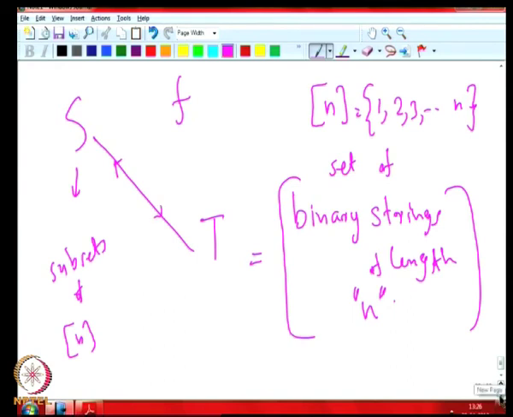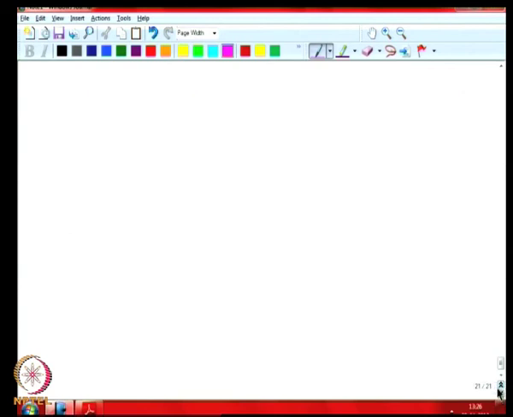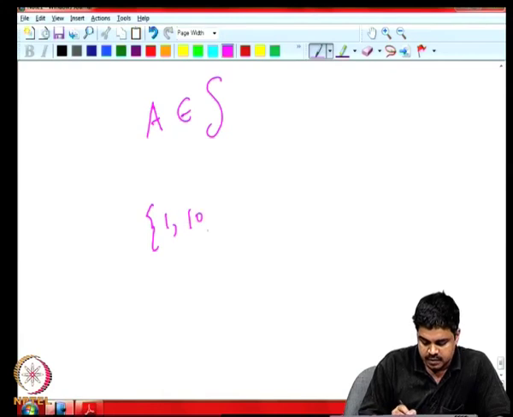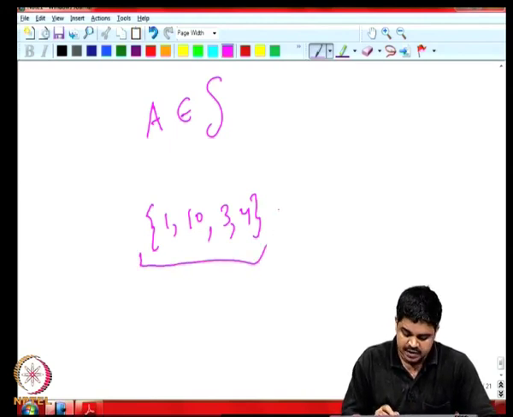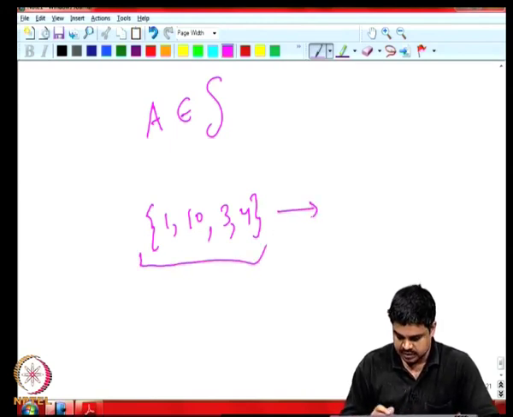First, consider some subset A from S, say {1, 10, 3, 4}. Looking at this subset, I can devise a binary string in the following way.